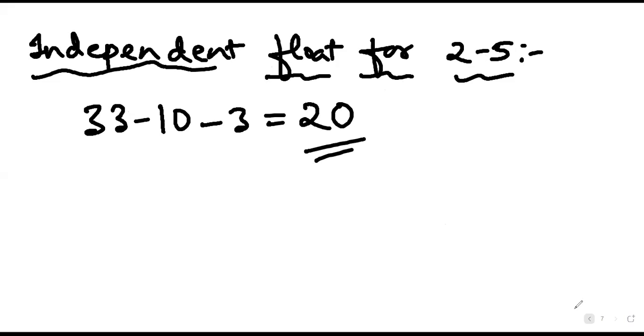If anyone has not understood any of the calculations, just let me know, or if anyone wants some notes to be written for any of the calculations. Yes, tell me.